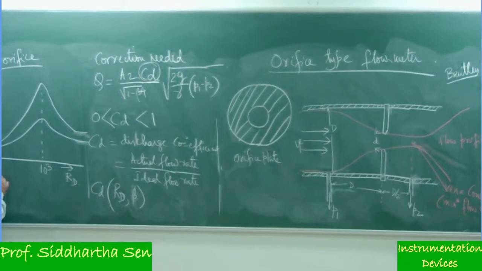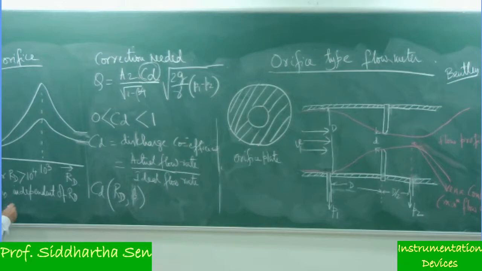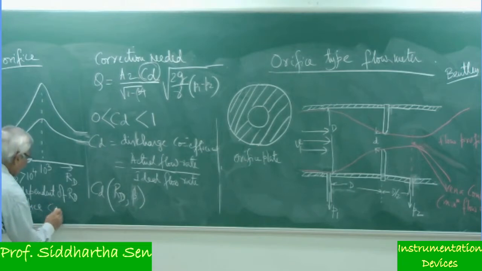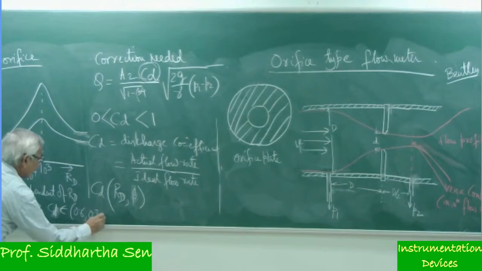So we can say for Reynolds number greater than 10 to the power 4, CD is independent of Reynolds number. We can say it is almost constant, and for an orifice it is between 0.6 to 0.7 normally.